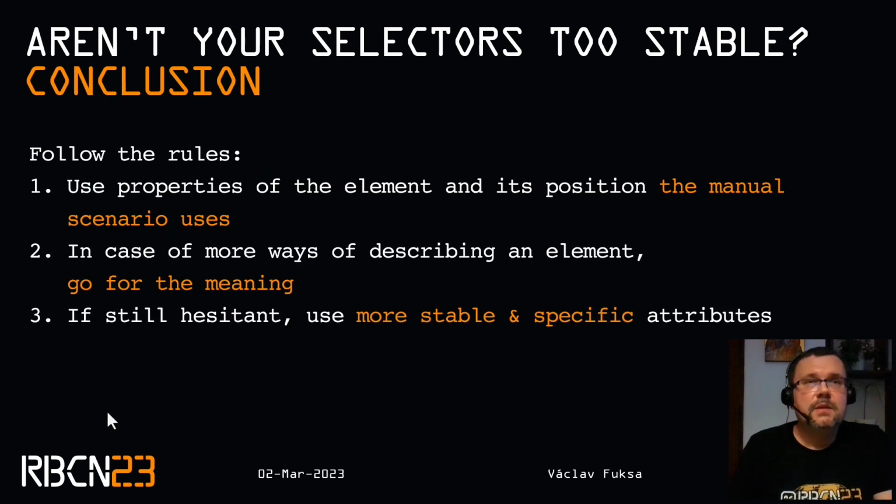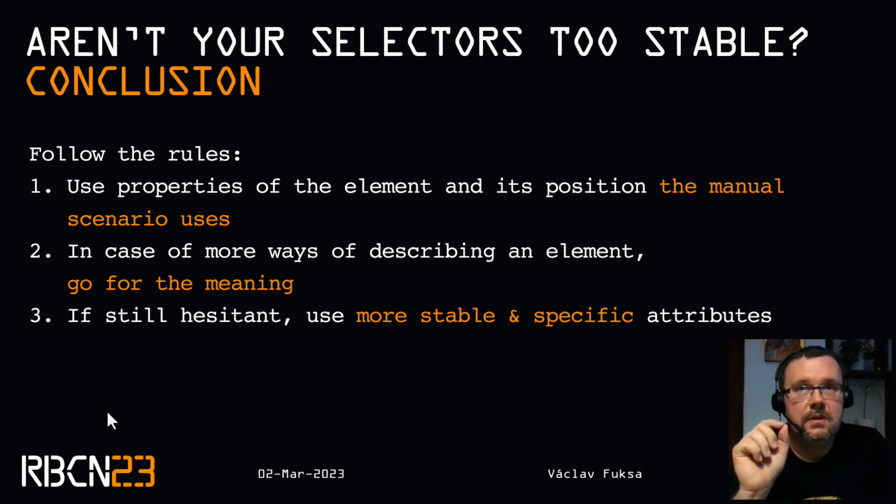So, in my talk, I have explained what too robust selectors are, why I consider them a problem, and how to avoid them. Now I'd like to summarize the rules. The first one is, if possible, use only those properties of the element and its position that the manual scenario uses.